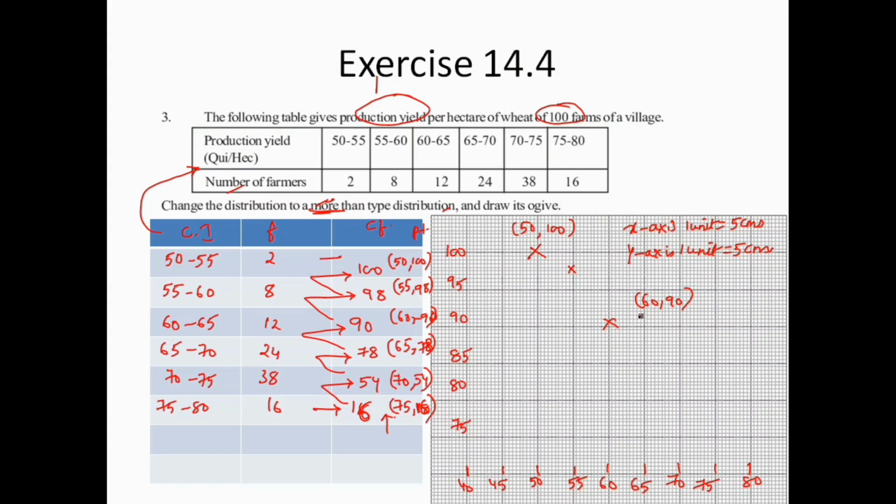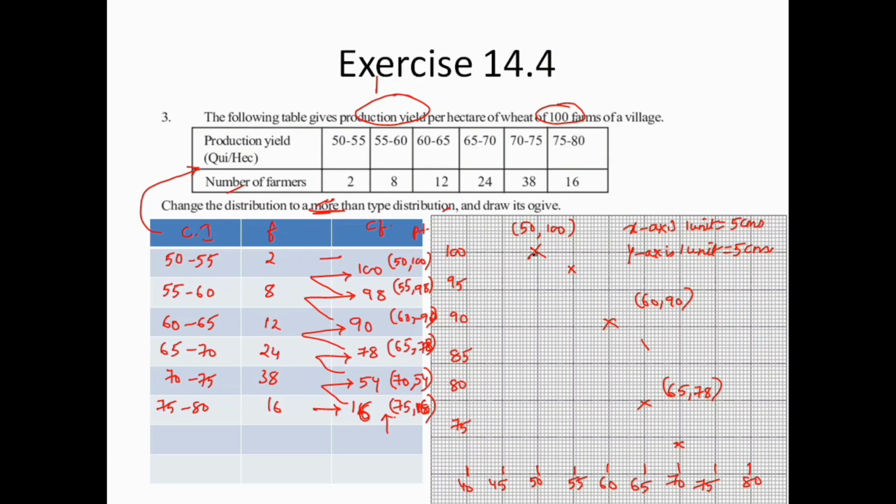Okay. So the next one is 65 to 78. So 65 to 78 approximately. 78 is beyond over here. Okay. So the next thing is 72, 54. They will be hanging somewhere over here.